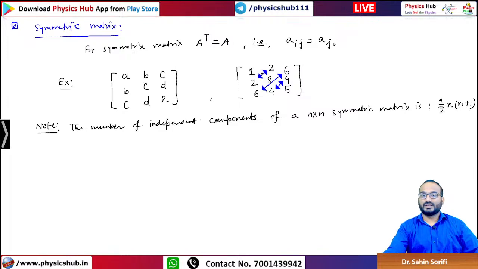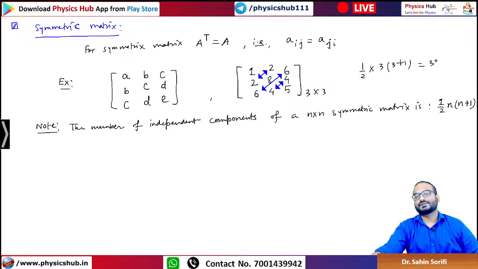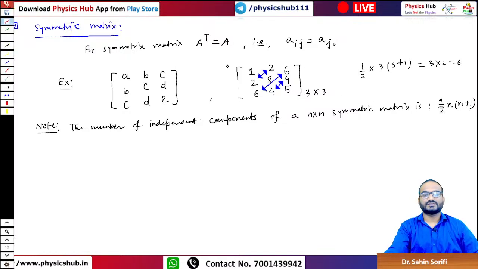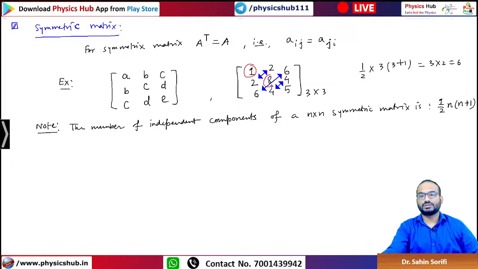Here we counted 6 because this is a 3 by 3 matrix. This is half times 3 into 3 plus 1, so this is 3 into 2, 6 as expected. Which are those 6 elements? Let me tell you: 1, 2, 3. And for 2 we will only consider 1 independent. 4, 5, 6. Understood?